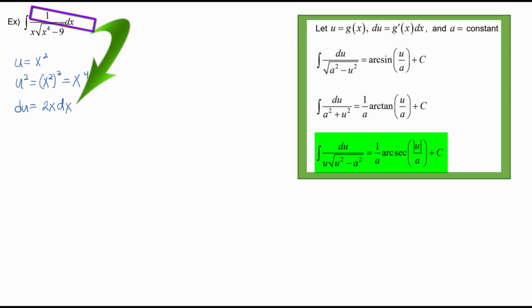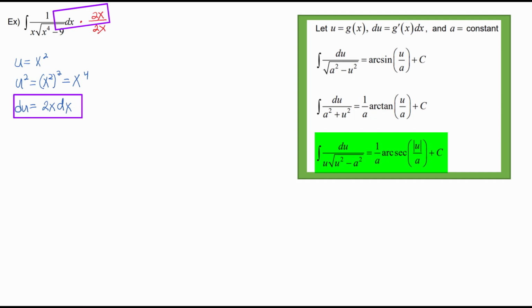But I do not have a 2x on the numerator, so I'm going to need to manipulate a little. So I'm going to then multiply top and bottom of this integral by 2x over 2x, so that I would have 2x dx, which will give me du.